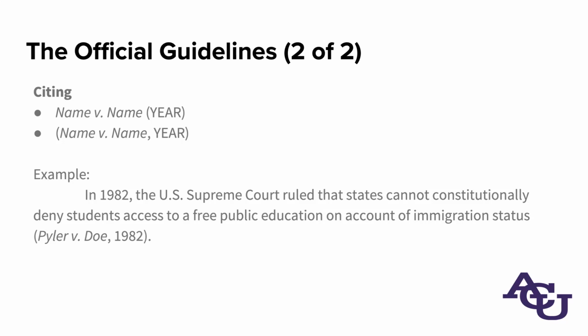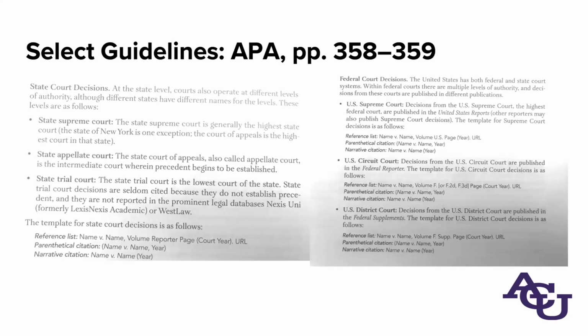All right. So if you want to drill down a little bit on those different requirements, we have from the AP manual on the left side, the state court template. And then on the right, we have the federal. Because the federal publications system is somewhat standardized more than the states, you'll see there's a very slight difference: in the state, it says volume, reporter, page, and then court and year.